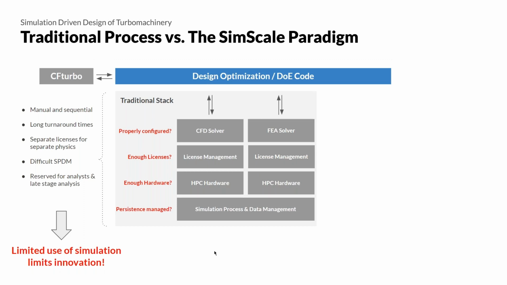And when it comes specifically to turbomachinery design and validation, the important thing is also the long turnaround times that you typically see in desktop-based tools in terms of the time it takes to generate one performance curve. So what this means is that turbomachinery designers and engineers cannot simulate as much and as often as they want.